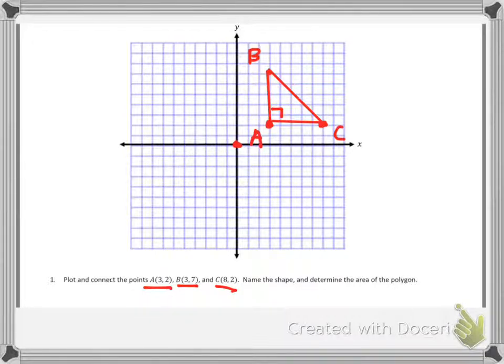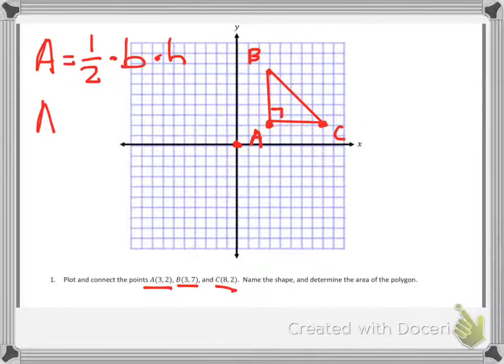And you should remember that area of every triangle is equal to 1/2 times the base times the height. So we can find the base and the height of this triangle. The base is going to be 5 units.